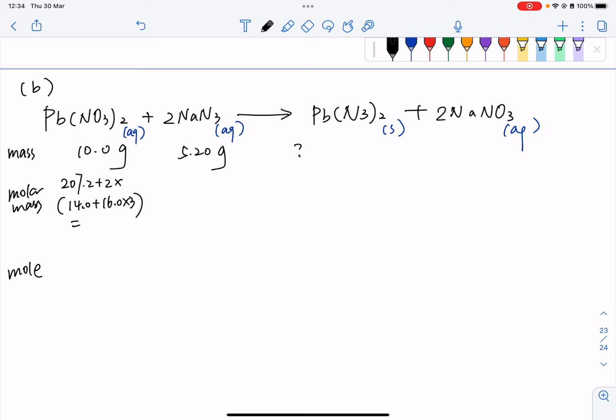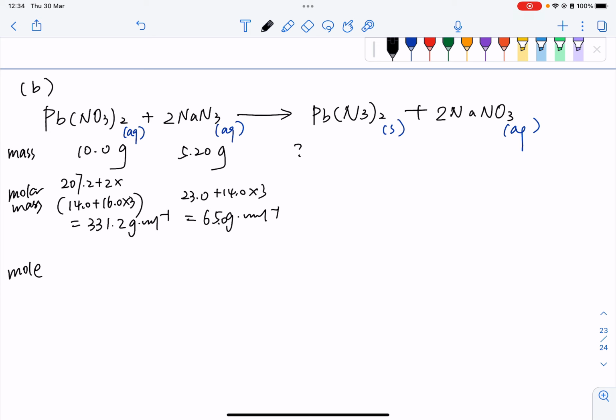When we add it all together, the answer here is 331.2 grams per mole. Similarly for the right one, it will be 23.0 plus 14.0 times 3. It will be 65 grams per mole here, but better to write 65.0.